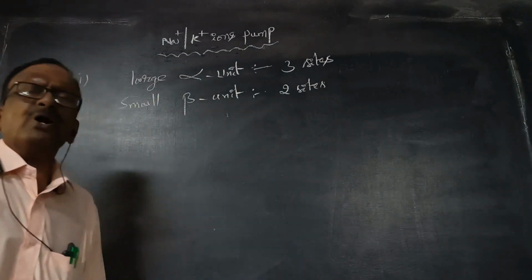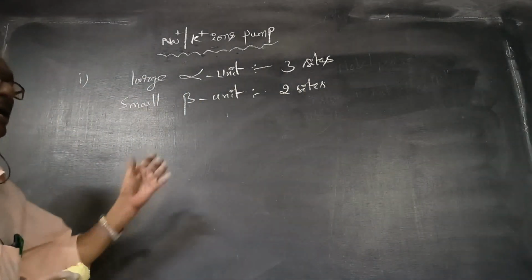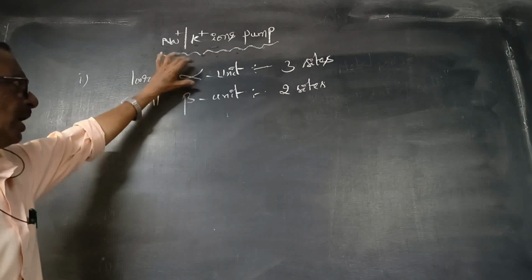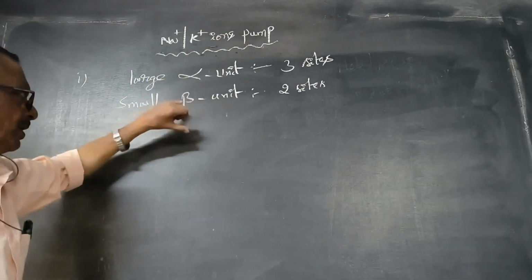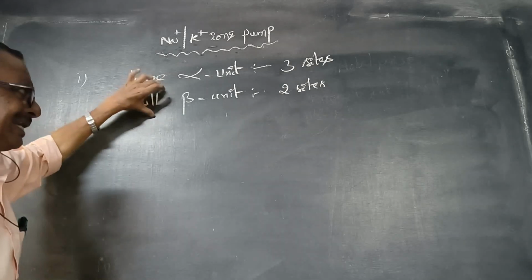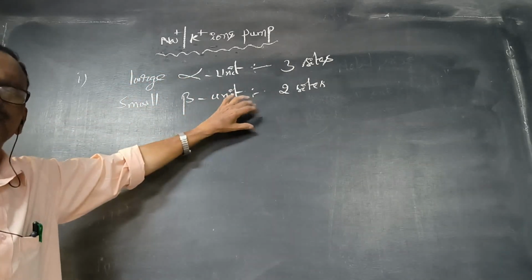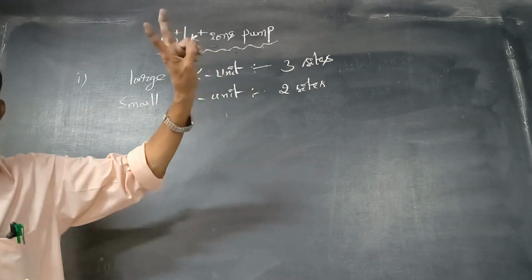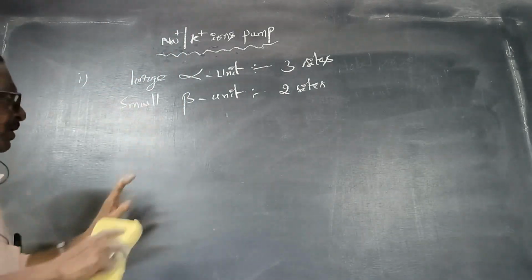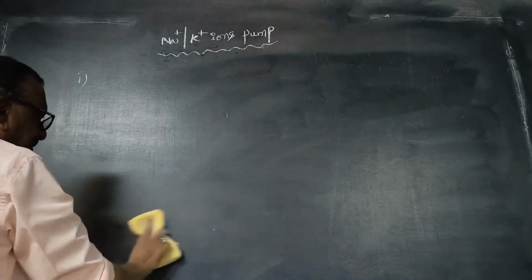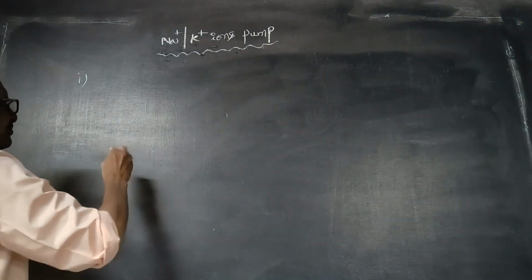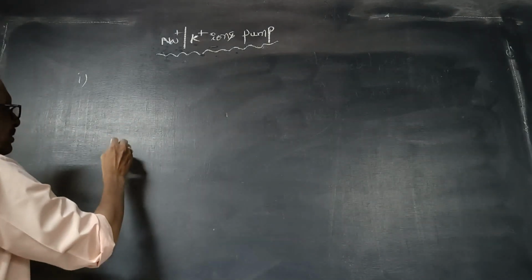What for? For accommodating ions. So the alpha unit is bigger in size, it will accommodate 3 ions. The beta unit is smaller in size, it has only 2 sites, so it can accommodate only 2 ions. Okay. Now I am drawing the diagram simultaneously. Just observe please, all of you.